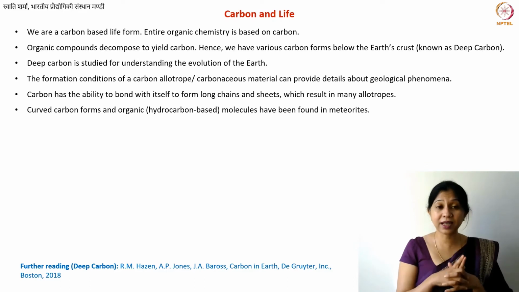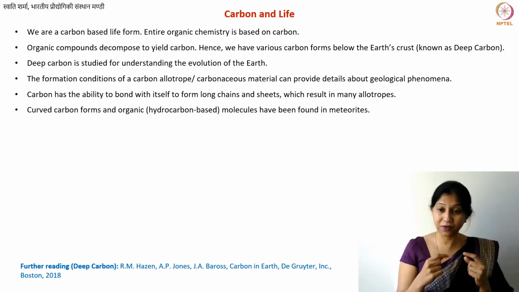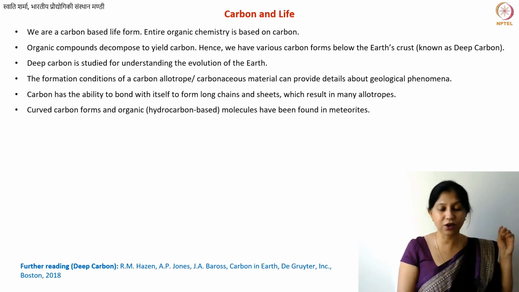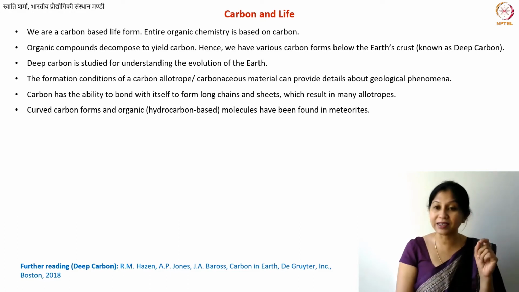Okay, now these curved carbon forms and also certain carbonaceous materials, organic material, hydrocarbons, have also been found outside of the earth. I already told you that in the stars you have the formation of carbon, but sometimes when a meteorite hits the surface of the earth, then you actually find carbon forms.